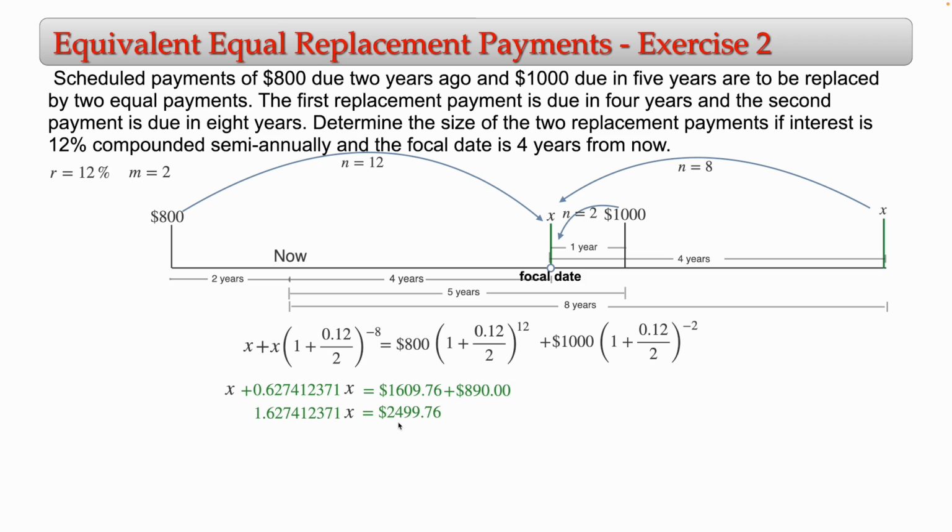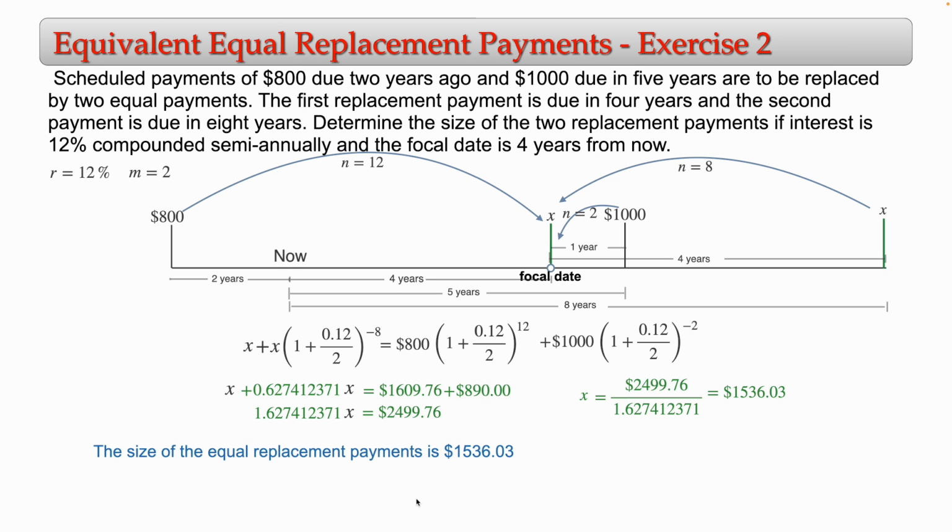So dividing both sides of the equation by this number, I get that x equal 2,499.76 divided by 1.627412371. I make this division and I get 1,536.03. That is the same number that I obtained before when the focal date was different.